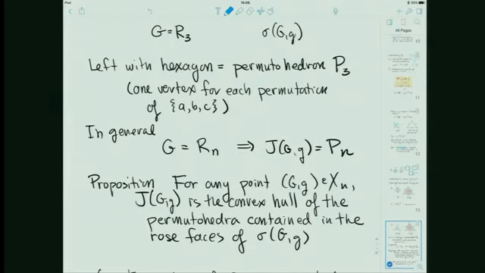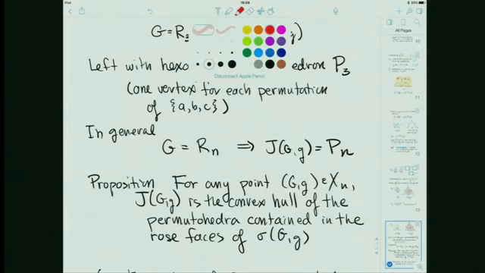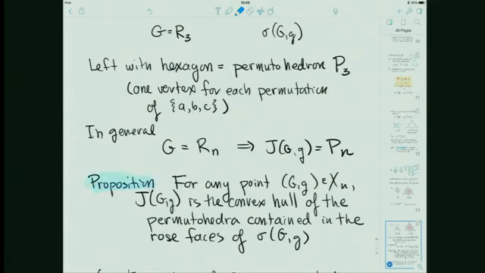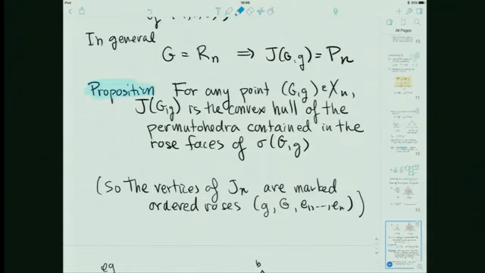And here's a proposition. If you have any marked graph, then this J of G is a convex hull of the permutahedra contained in the rose faces. So I have a very good concrete description of what the vertices of my eventual retract are. It's going to be a cell complex.